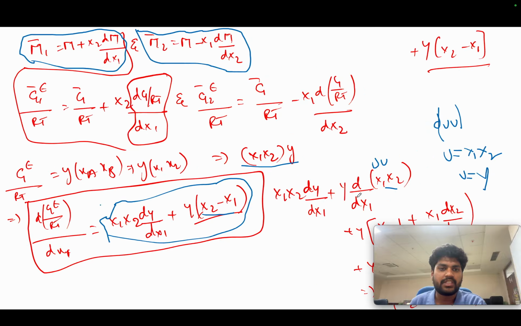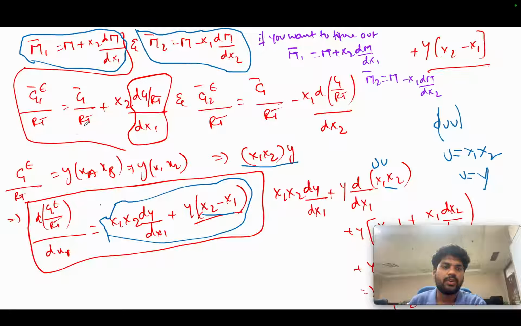Once you have these equations, from the partial molar property of last week, we figured out that if you want the partial molar property m1 bar, from the last class we derived this, and the same thing for m2 bar also.